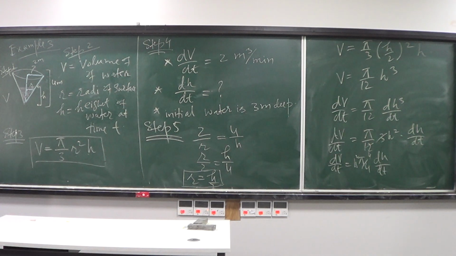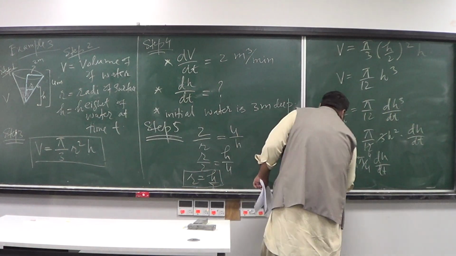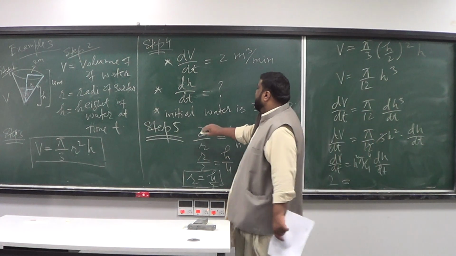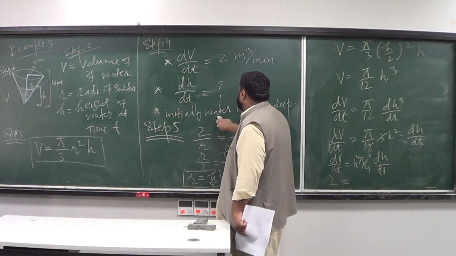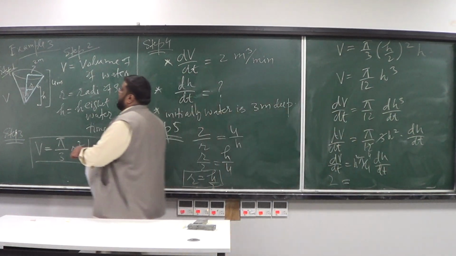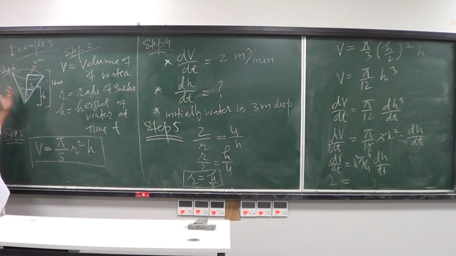So now what I need to do is just substitute the values. It is given to me that dV by dt is 2, and initially the water is 3 meters deep. So when you started pouring water, or at some instant, you know that the water is 3 meters deep.